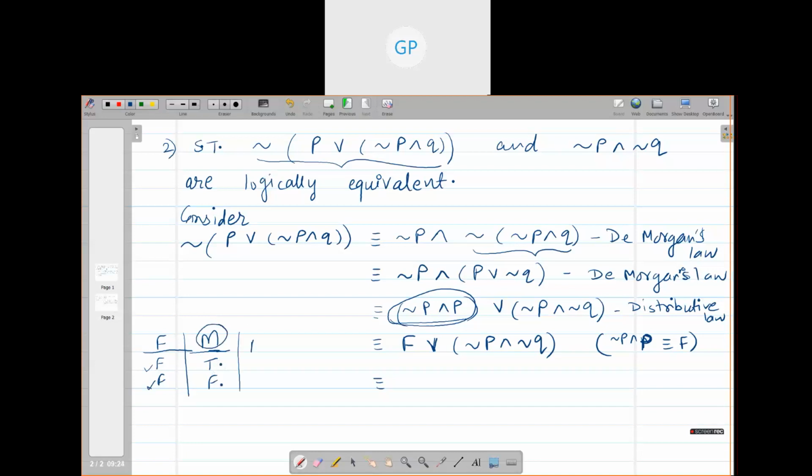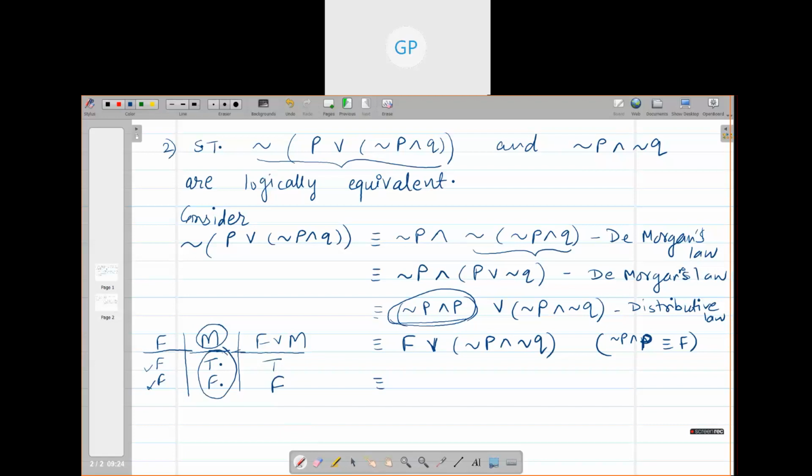Now consider the disjunction of F and M. What is your answer? F or M: false or true is true, true or false is true, false or false is false. So is it the same as M? Is it the same as M?